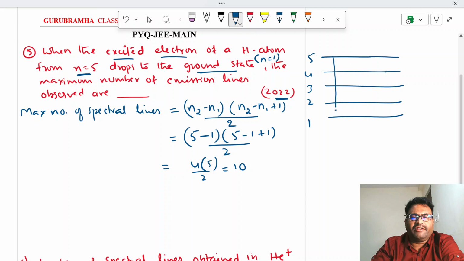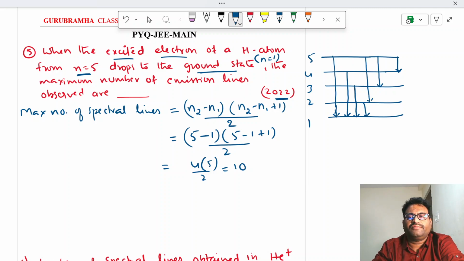5 directly to 1. This is one spectral line. And 5 to 4 is also there, 5 to 4 and 4 to 1. Next 5 to 3, 3 to 1, 5 to 2, 2 to 1.